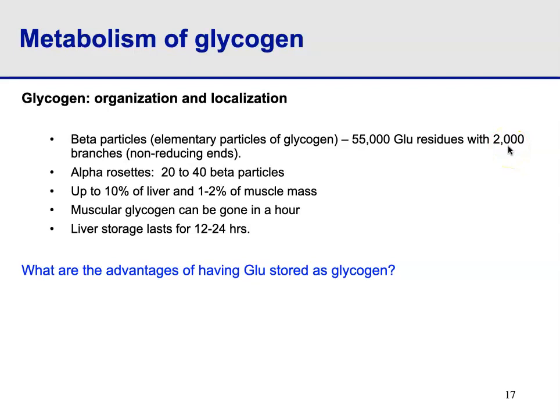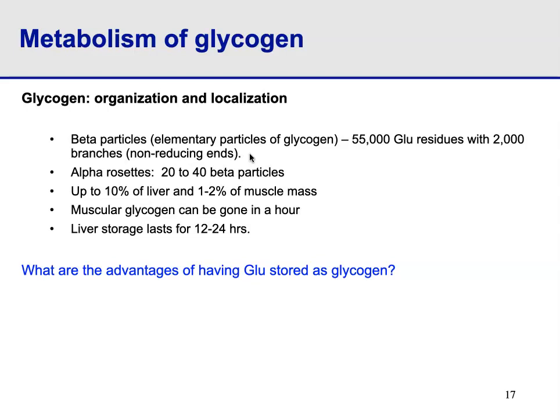It's important to note that each one of those branches is a non-reducing end. This will be an important point of discussion later when we start talking about synthesis and degradation.